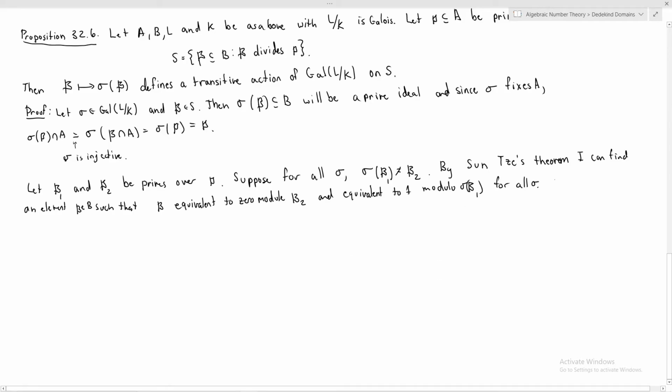What does this tell me? For this beta, beta is going to be in the second prime ideal, but not in any of the sigma of B1s, and this is for all sigma in the Galois group.